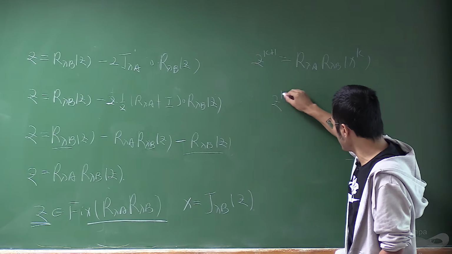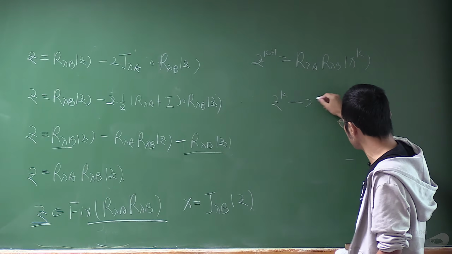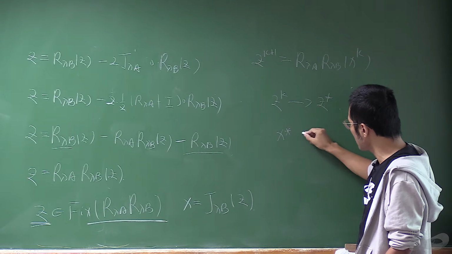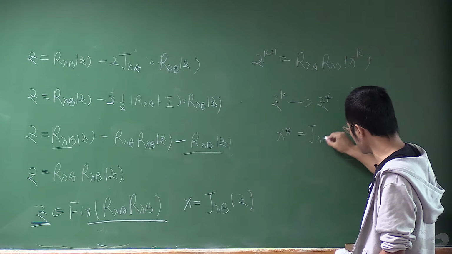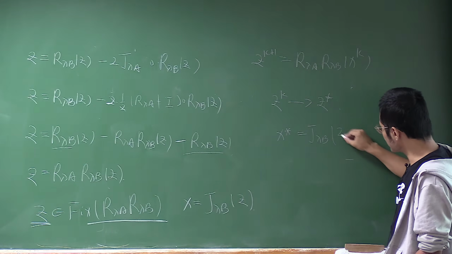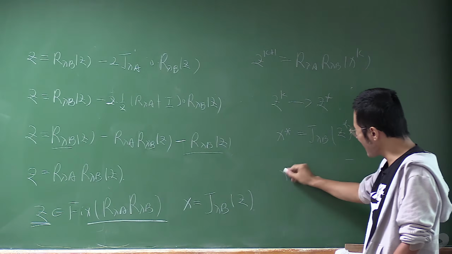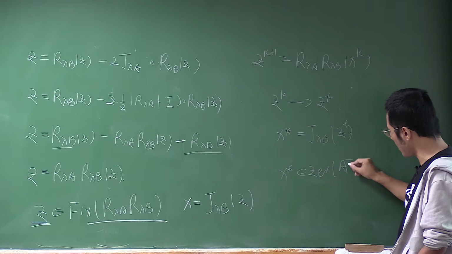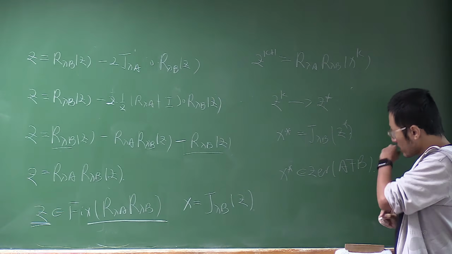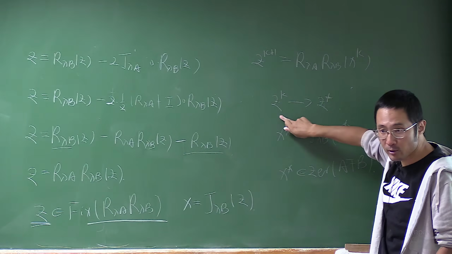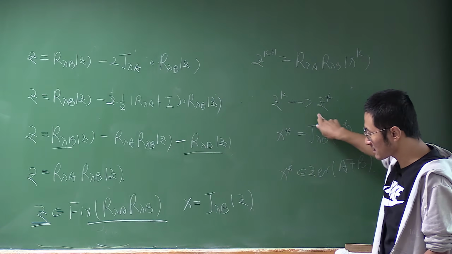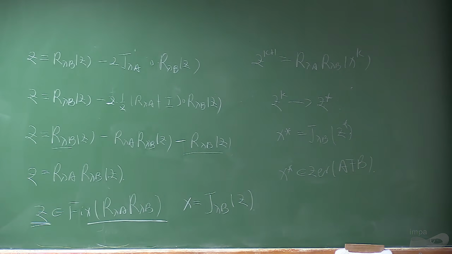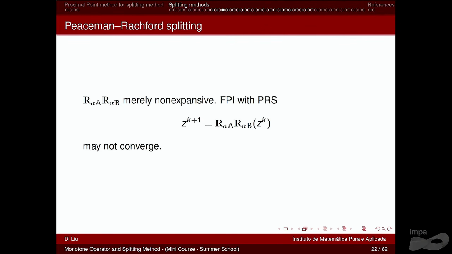If zk converges to some point z star, and then we calculate x star equals to the resolvent of z star, then this x star is what we want, the zero of A plus B. Okay, but the problem is, can you guarantee this zk converges to z star? Because of the property of this composition of these two reflections.